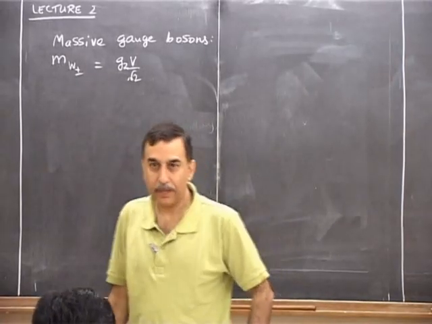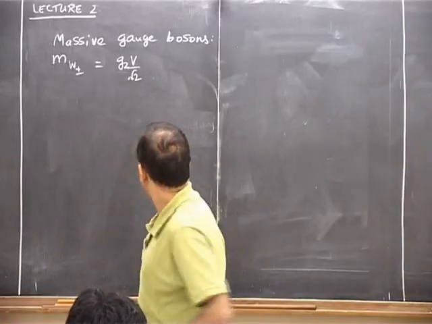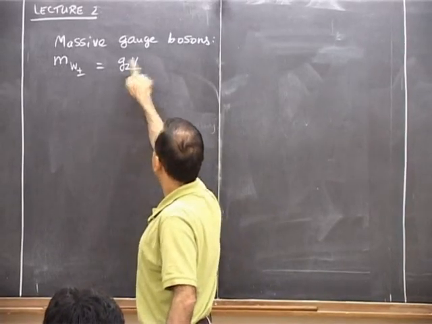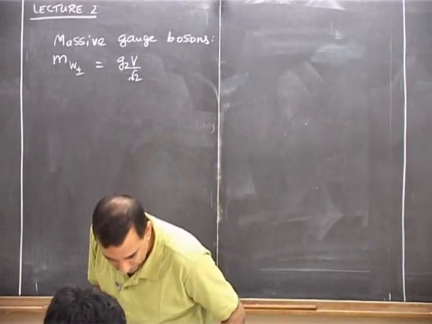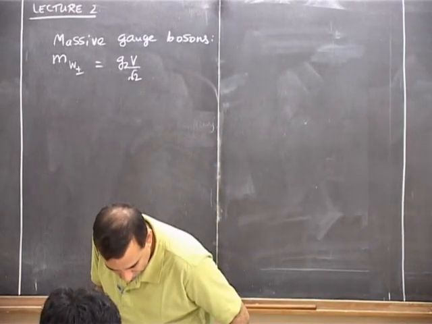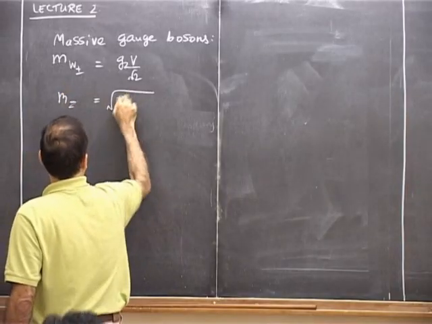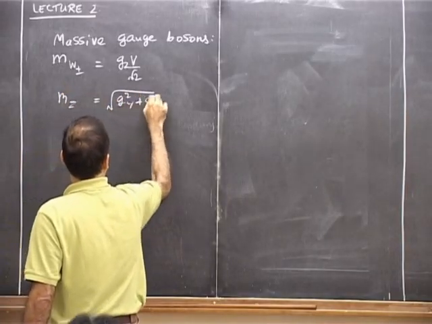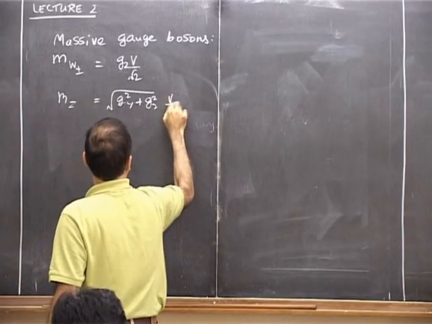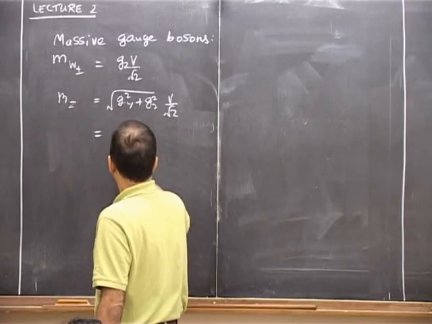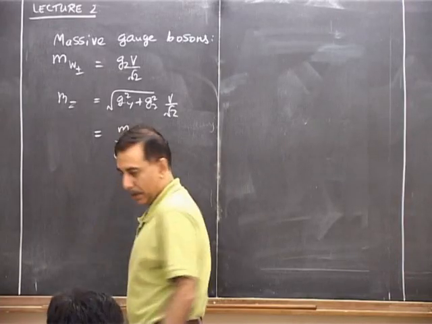So the mass of the W was the coupling constant of SU2 times v over root 2, and v is the Higgs vev. And the mass of the Z was likewise some factor, square root of gY squared plus g2 squared, times v over root 2, and this is actually the same as the mass of the W divided by cos theta W.